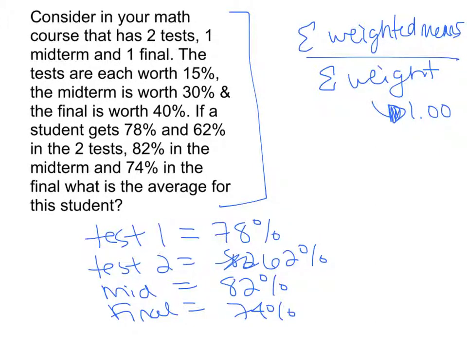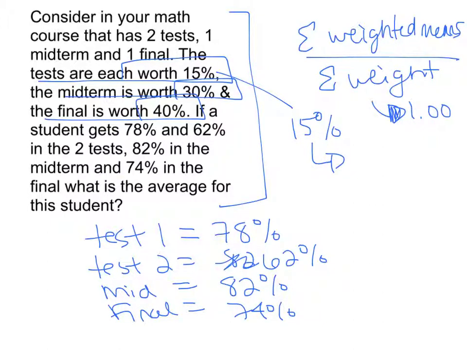So what I'm going to do is, yes, these are all in percents, but that's not going to help us because everything is weighted differently. If we look at the question, we see that the tests are worth 15%, the midterm is worth 30, and the final is worth 40. So we have to take that into account. For the test that's worth 15%, we need to convert that into its decimal.